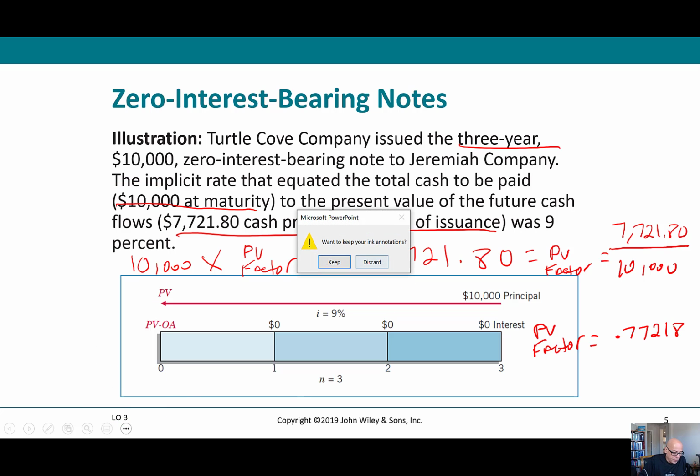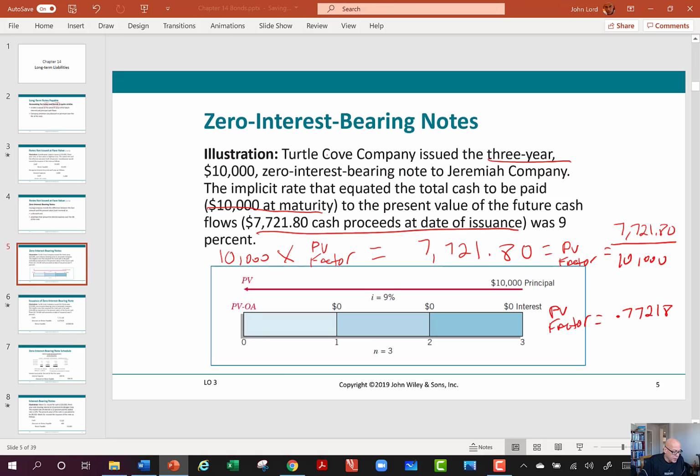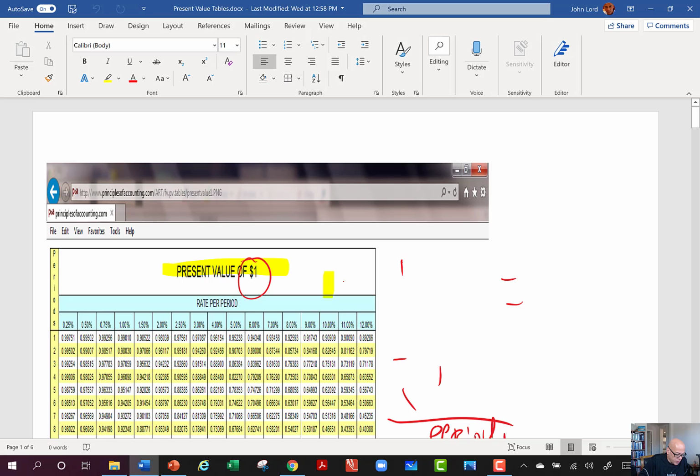exit the slideshow for this, and I guess I'm stuck keeping this now. Let's go ahead and take a look at the present value table. These are the same ones that I showed you a minute ago in e-learning.